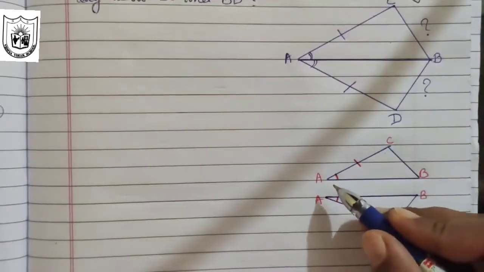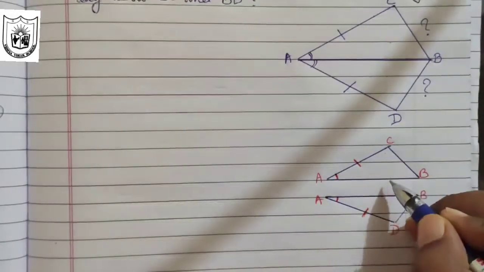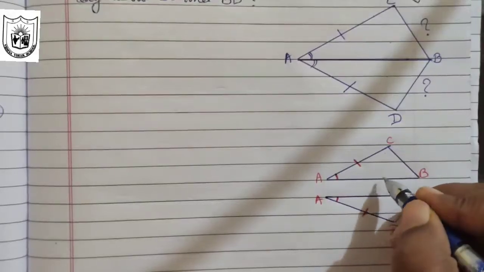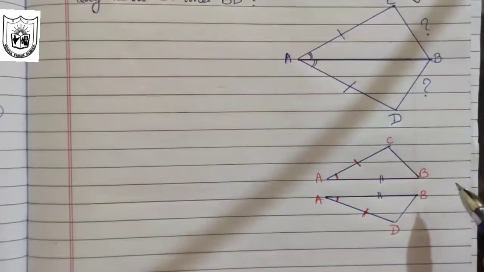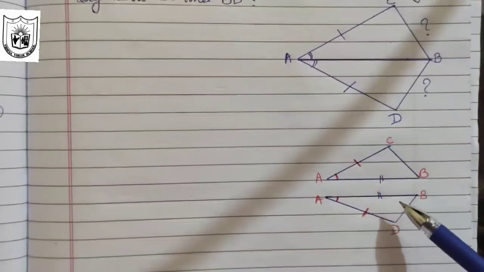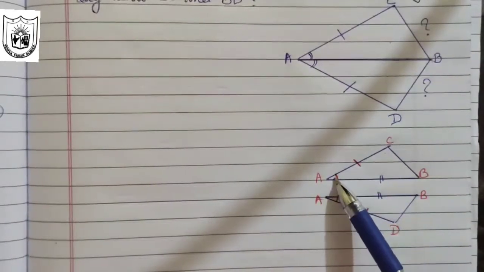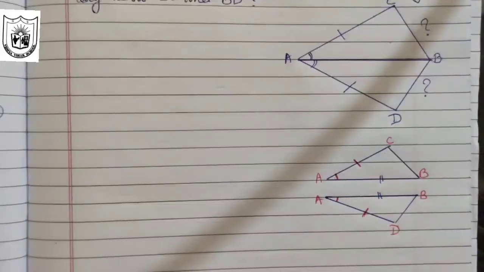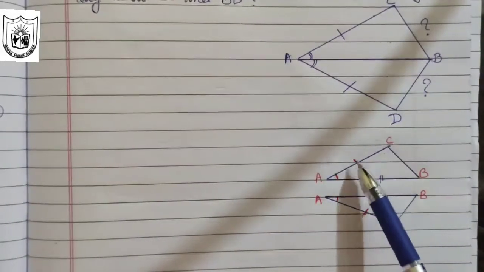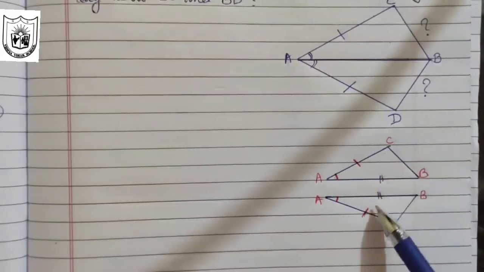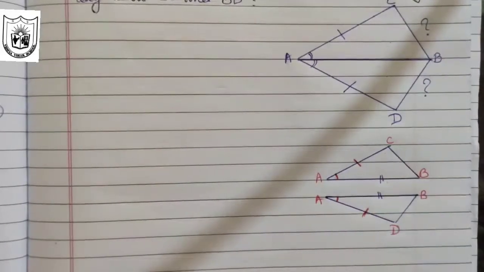Whatever is the measure of line segment AB here, it will be the same here as well. So AB and AB will be equal. So both the triangles will be congruent by SAS congruence rule. That is, we have one angle that is included between the two sides. So definitely both the triangles will be congruent by SAS congruence rule.